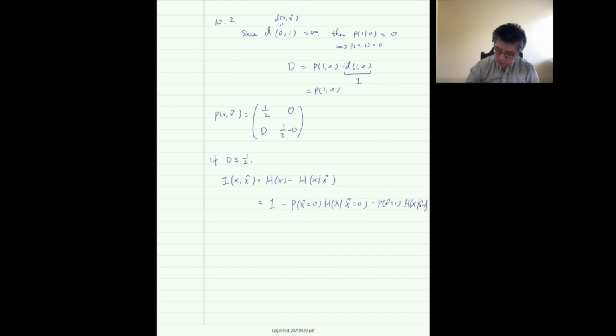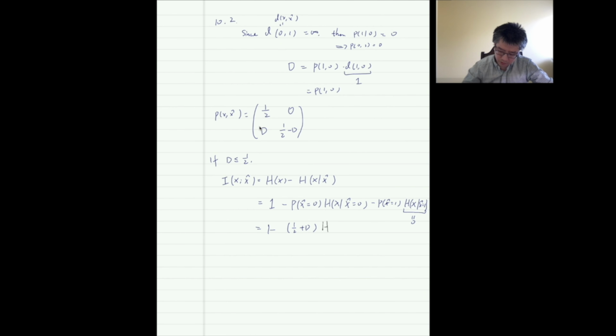Clearly this entropy is 0 because when X hat is 1, then X has to be 0, and we only have this part left. Computing this is not that hard because this probability is nothing but this guy plus that guy, so that is half plus D. And then when X hat is 0, the entropy is nothing but these two terms.